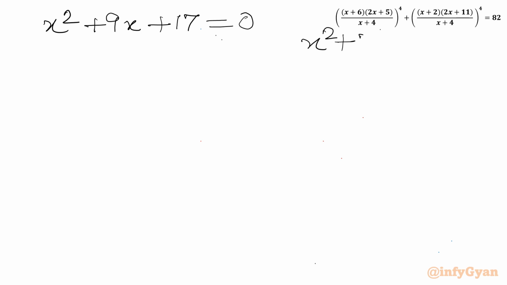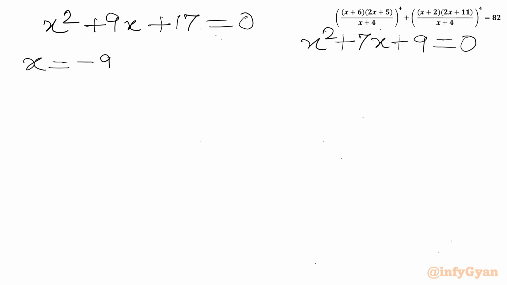So I will write first equation first, x square plus 9x plus 17 equal to 0. And second equation was x square plus 7x plus 9 equal to 0. So let us apply quadratic formula straight away.